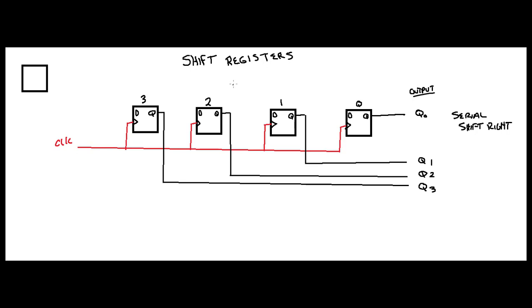Since it's shifting right, all right, Q3 is going to connect to the input of the second flip-flop. Q2 is going to connect to the first one. Q1 is going to connect to 0. By the way, I look like that should be a 0. It's not a Q there. Okay?